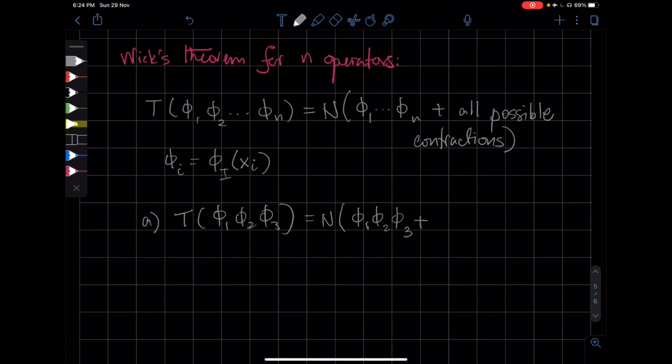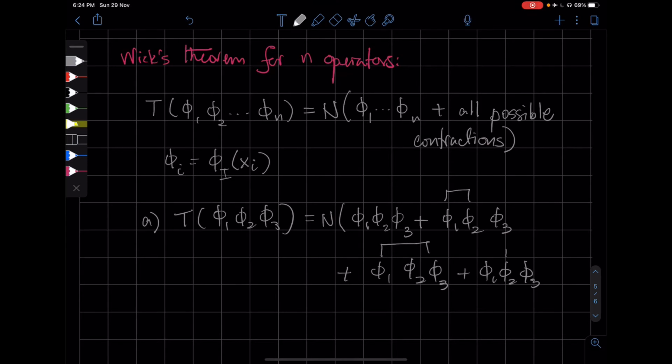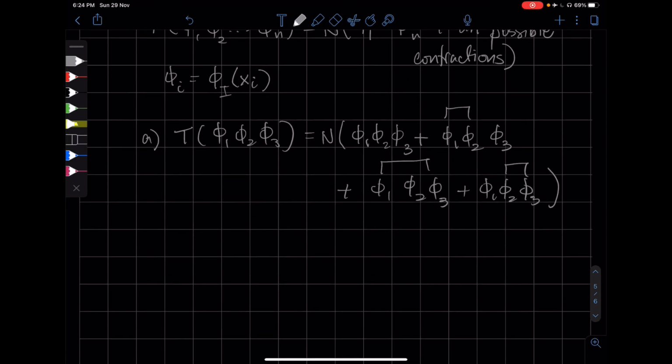And now because we have three operators, there can only be one contraction per term because contractions are always between two operators. So we'll have phi 1 and phi 2 contracted times phi 3. And then we'll have phi 1, phi 2, phi 3, and the contraction between phi 1 and phi 3. And then we'll have phi 1, phi 2, and phi 3, and the contraction between phi 2 and phi 3. So this is Wick's theorem for three operators.